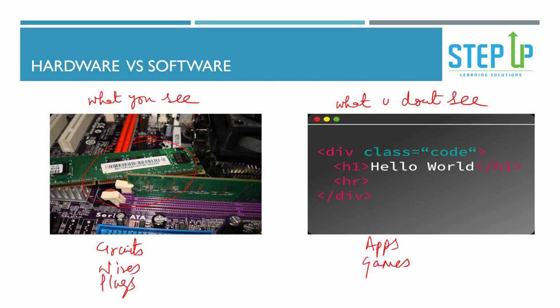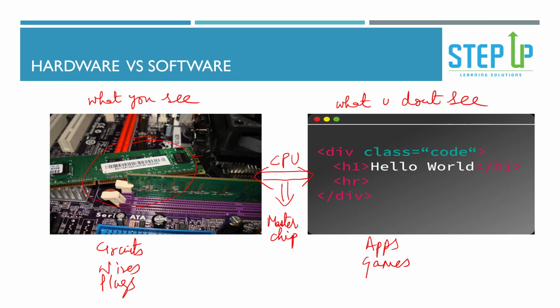Now what happens is that the interaction between your hardware and your software is done through the central processing unit. So CPU is nothing but your master chip that controls all the other things. That's why it is called the brain of the computer.